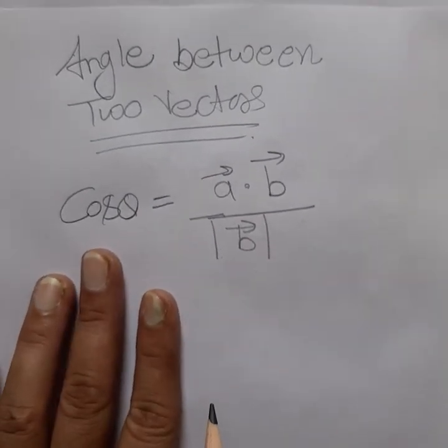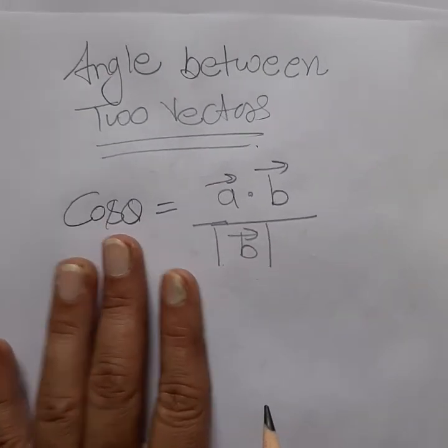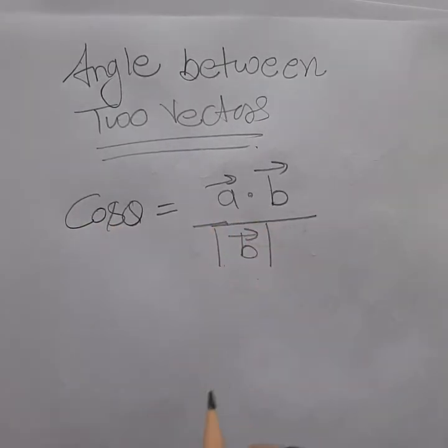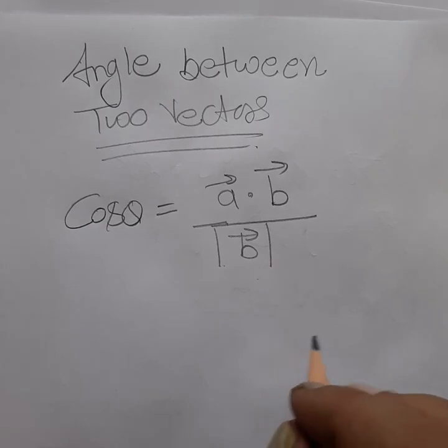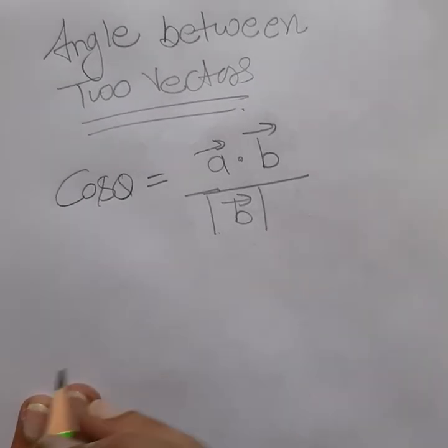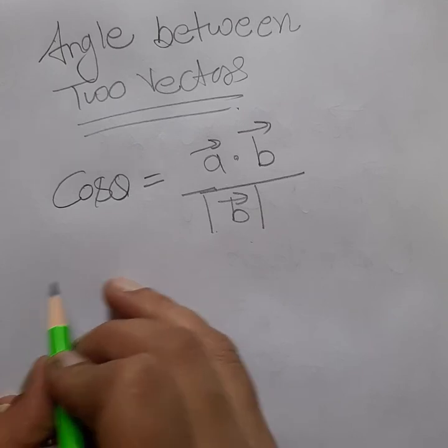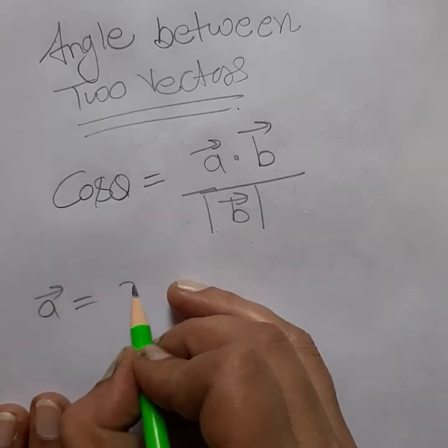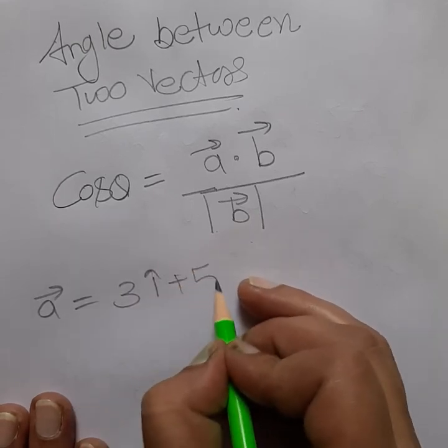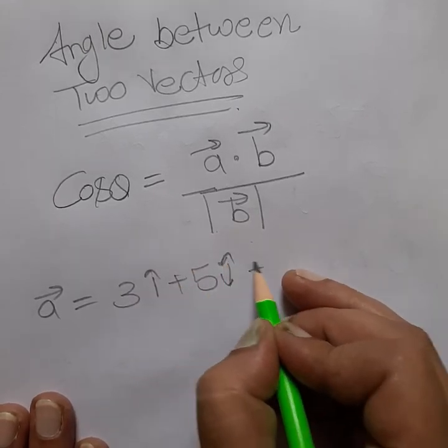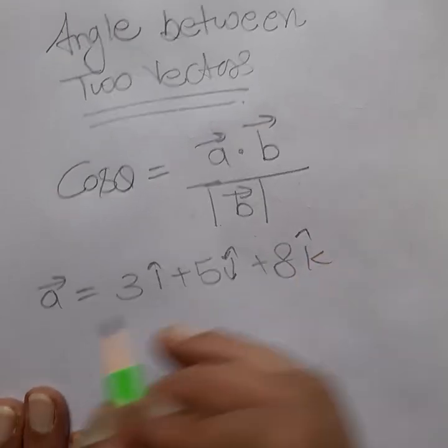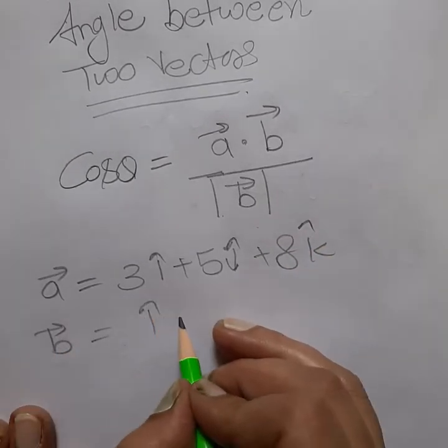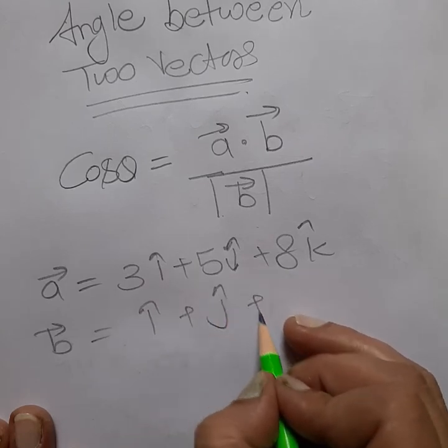First of all, for studying it we should know what the scalar product, meaning dot product, of vectors is. Students, suppose you have a vector like 3i plus 5j plus 8k, and suppose you have a b vector like i plus j plus 3k.